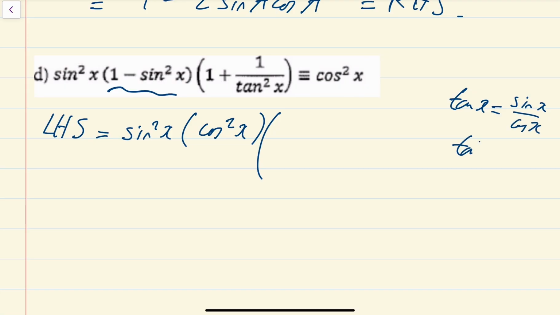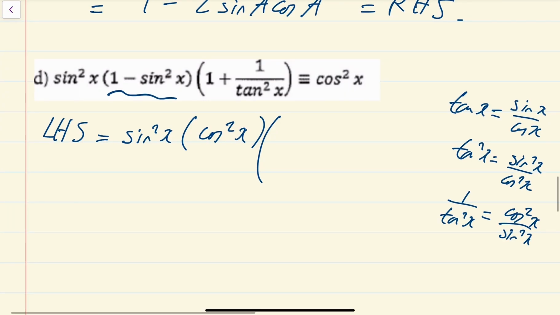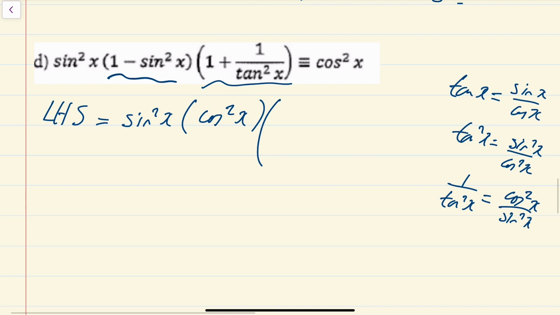That means tan squared x would be sine squared x over cos squared x. And also 1 over tan squared x would be the reciprocal of that, cos squared x over sine squared x. So inside this third bracket would be 1 plus cos squared x over sine squared x. So that's what our left hand side is.